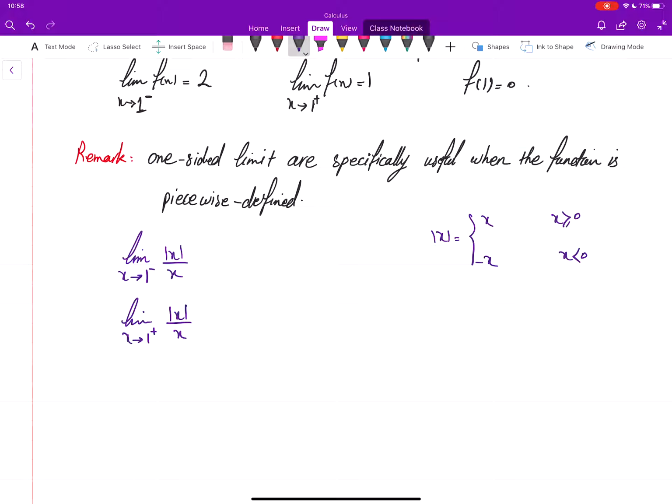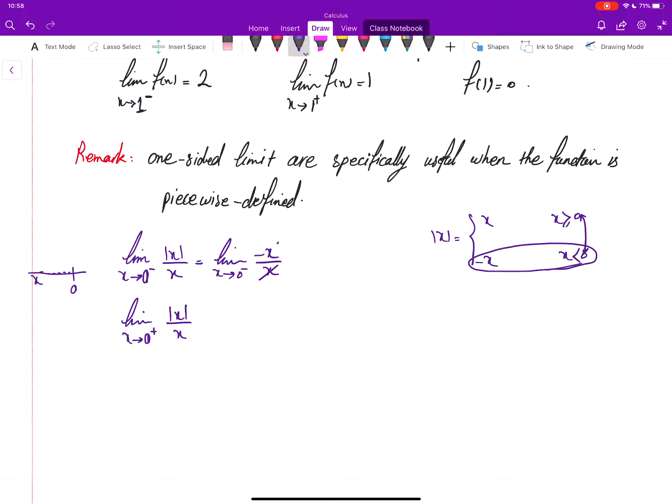When you have such a function, if the point of the limit is the separating part of the domain, that's when these one-sided limits are very important. Why? Because when I'm approaching 0 from the left, I'm considering values of x which are less than 0, which means the absolute value of such numbers is going to be given by negative x.